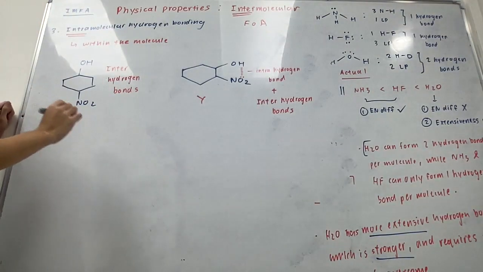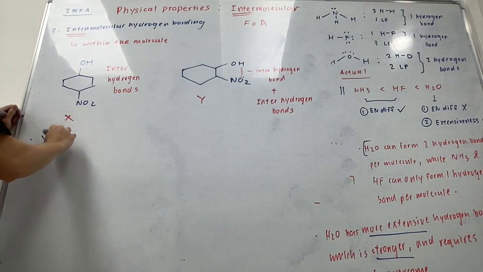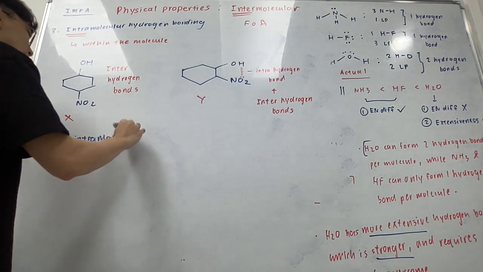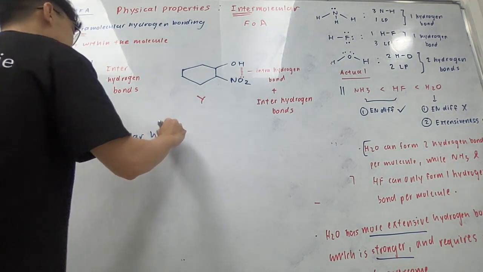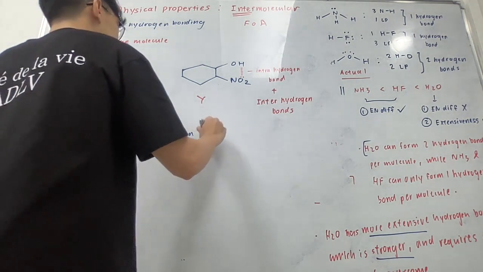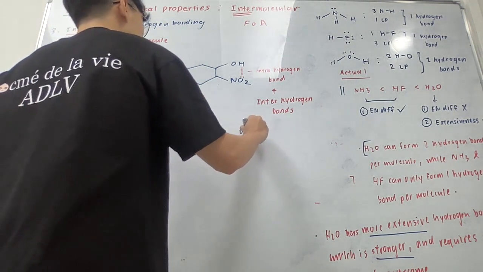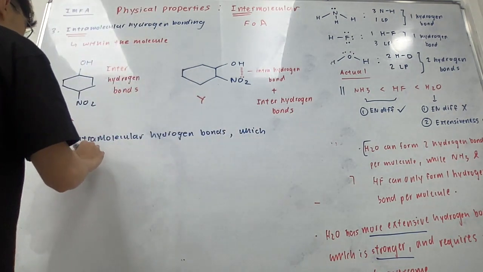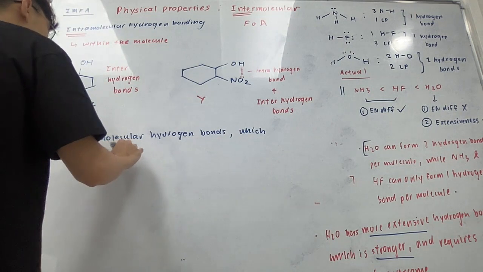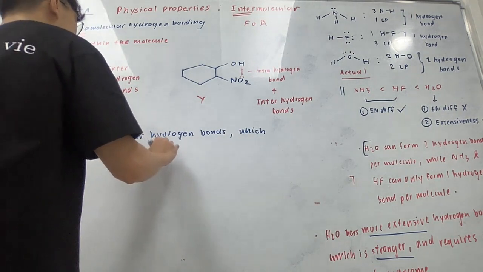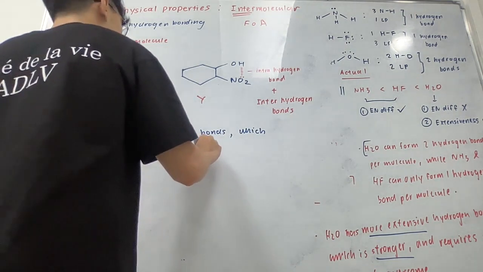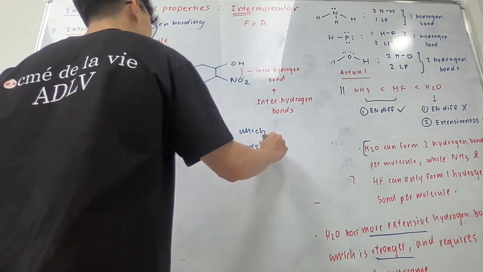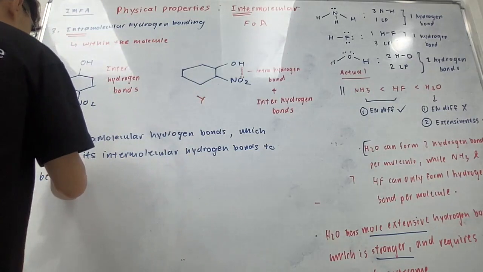To explain this, okay, guys, Y has intramolecular hydrogen bonds, which causes its intermolecular hydrogen bonds to be less extensive. Just look at my wording.